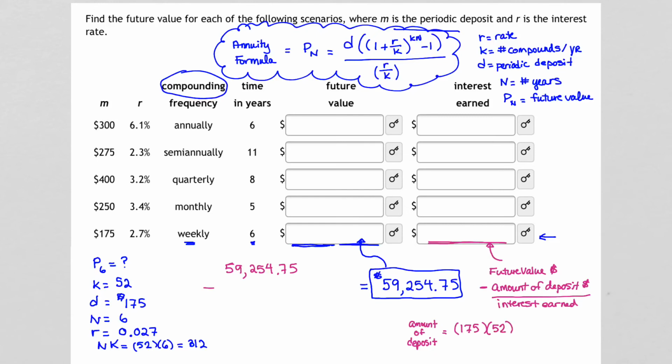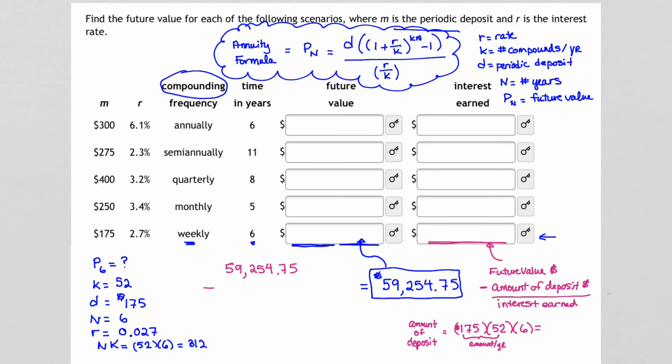So if I take 175 times 52, that tells me how much money I've invested in a year. Then let's multiply that by 6 years, which tells me the total amount of money that I've put into this account.